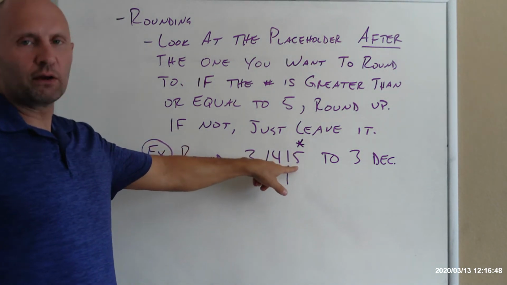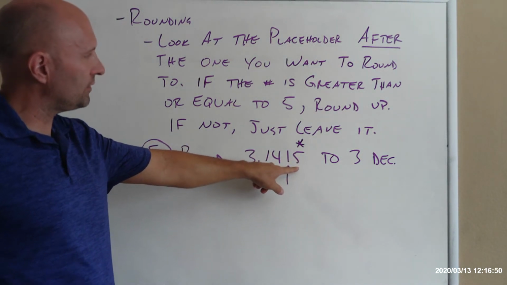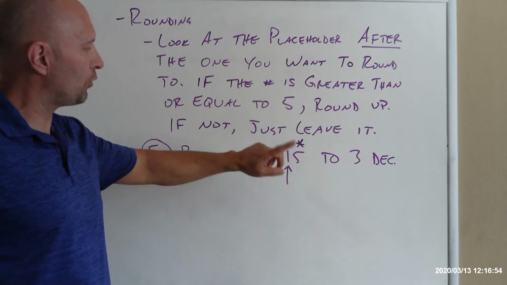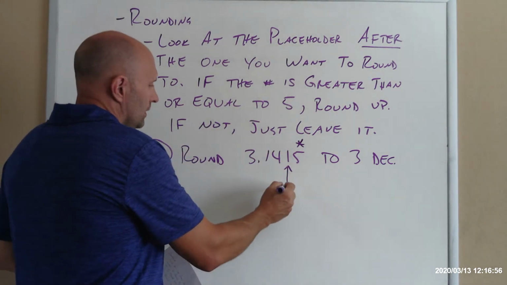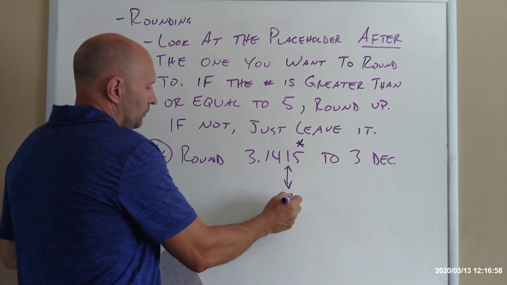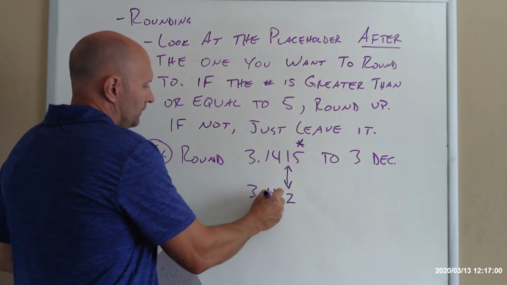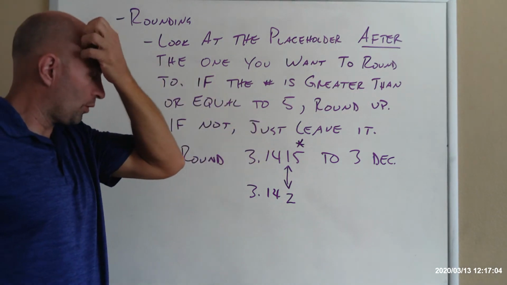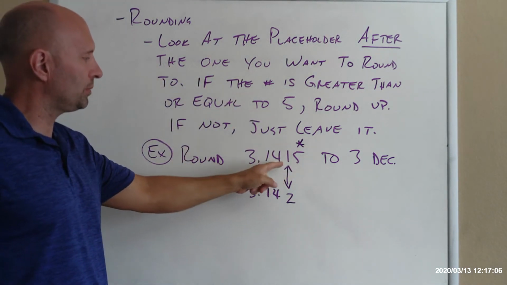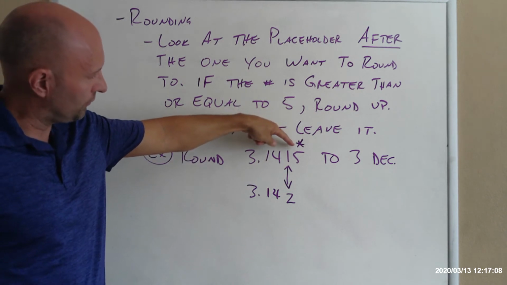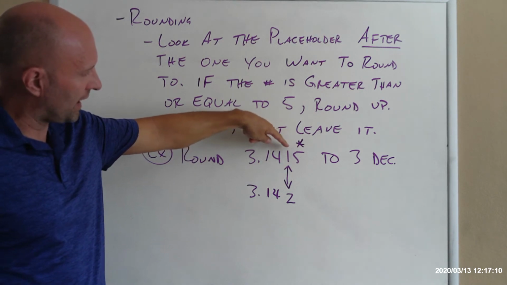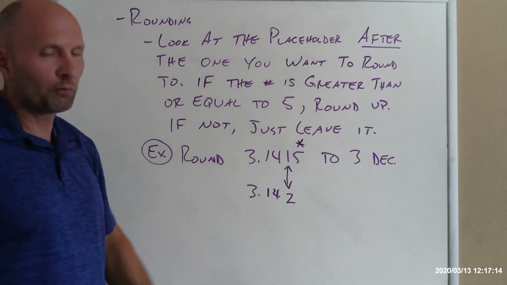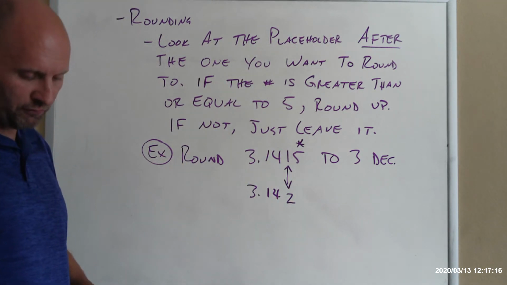So is it greater than or equal to 5? Yes, it is, which means I need to round up. So this 1, I'm going to change it to a 2. Everything else stays the same. So if I'm rounding 3.1415 to 3 decimal places, look at the 4th position. It's 5, so add 1 to this one. 1 plus 1 is 2. So my answer would be 3.142.